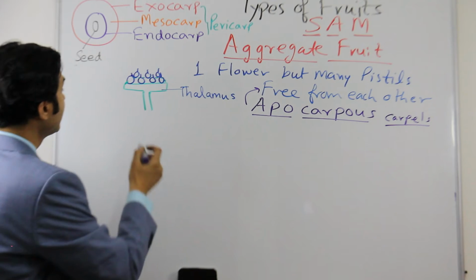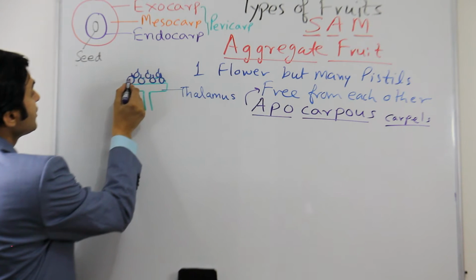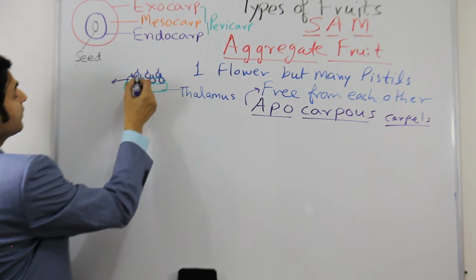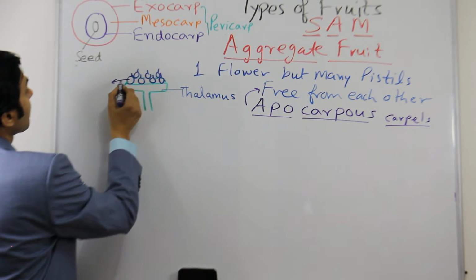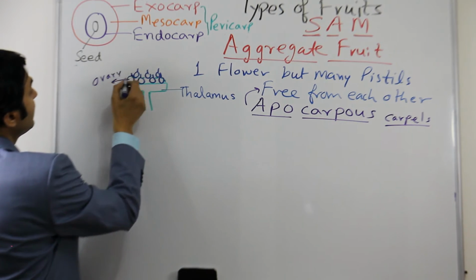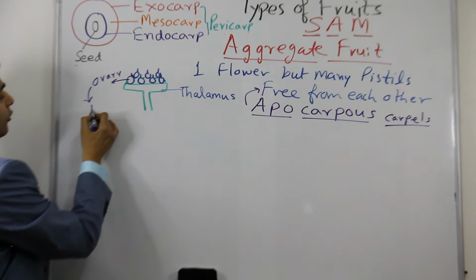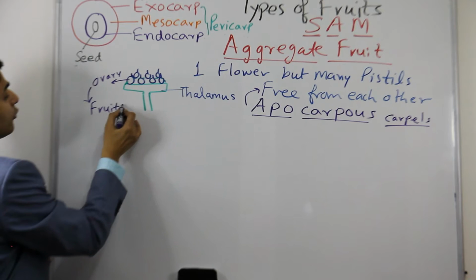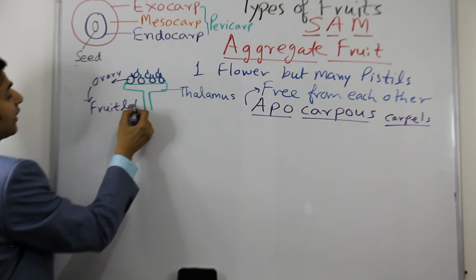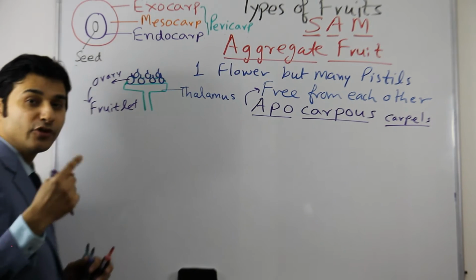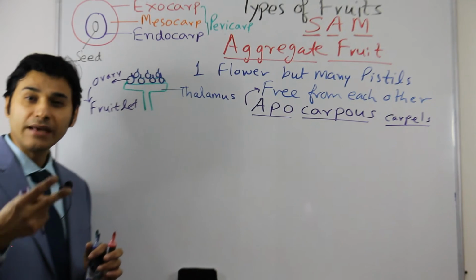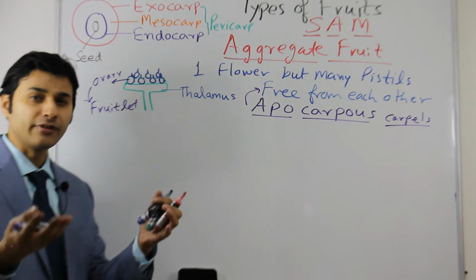When they are fertilized, each one will change. These are carpels, this is ovary. You can see these are a collection of free ovaries. Each ovary will develop into a small fruit unit which is called a fruitlet. It can be a drupe, it can be a berry, or it can be an achene, or different types.